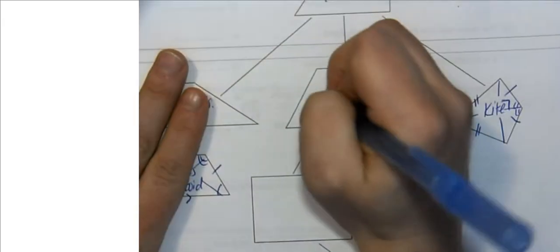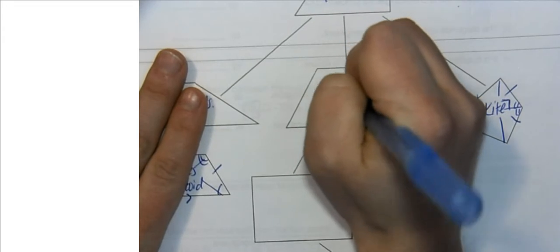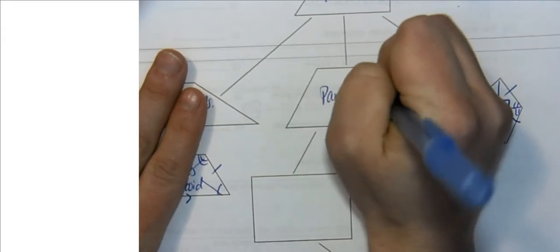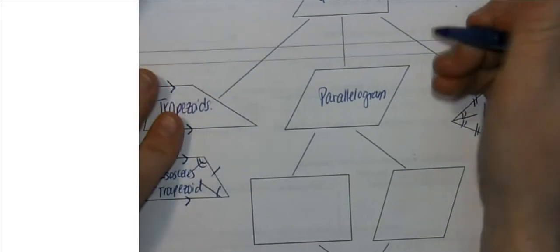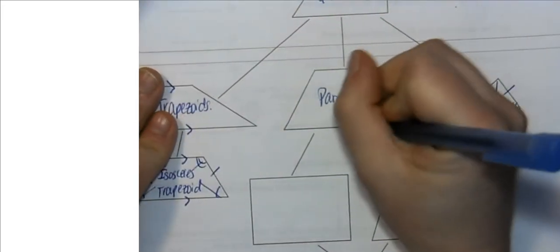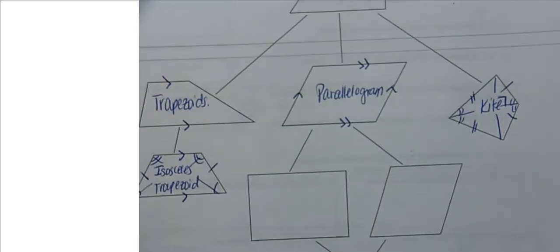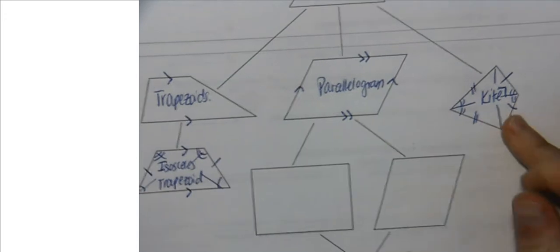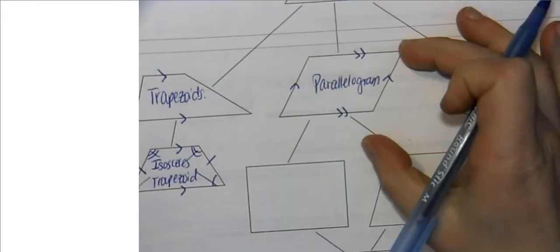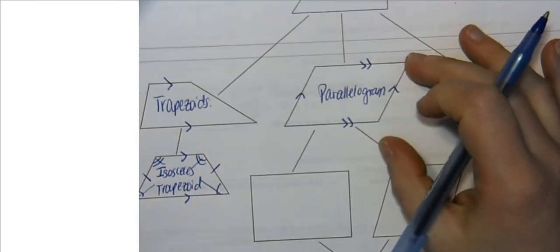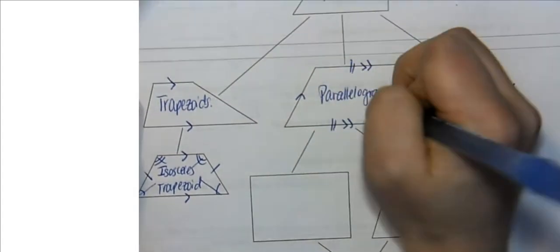These are parallelograms, and a parallelogram has the following properties. First of all, a parallelogram has opposite sides that are parallel. Whereas the other shapes I just talked about only have one pair of parallel sides or no parallel sides, a parallelogram has two pairs of parallel sides. It also has two pairs of opposite sides that are congruent.